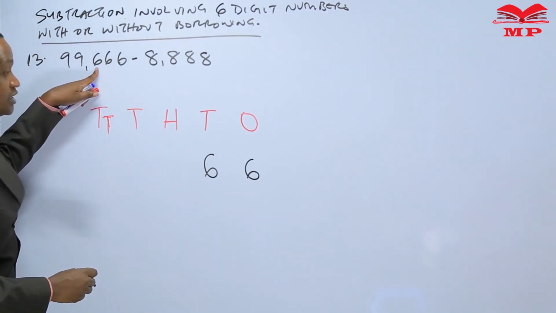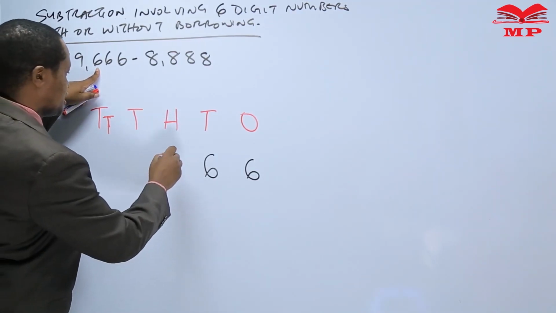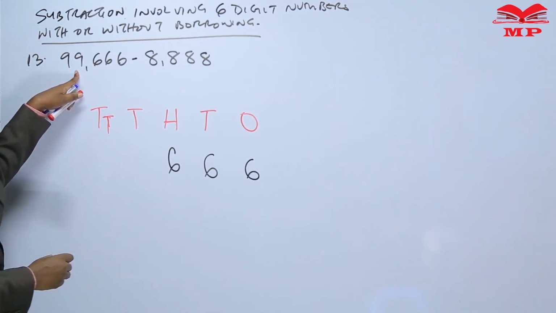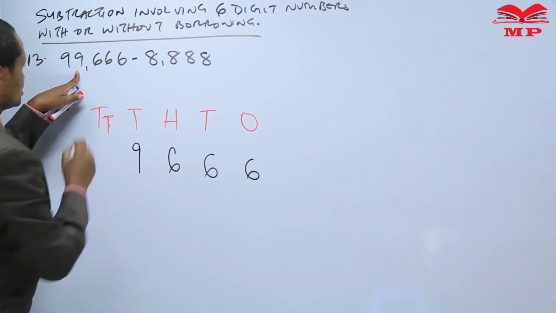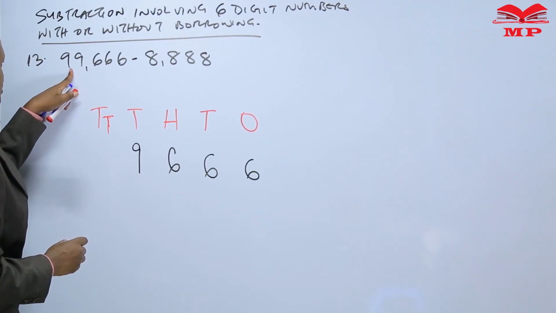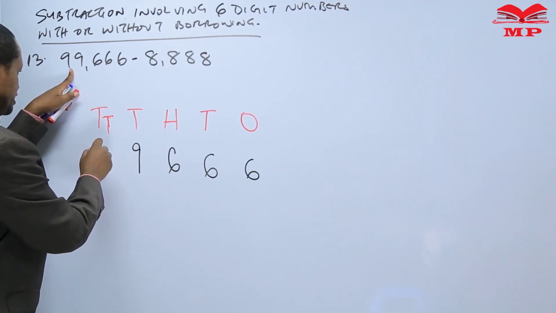Then this 6 is in the place value of hundreds, we write it under hundreds, followed by 9. This 9 is the place value of thousands. Then this 9 is the place value of 10,000, so we write it under 10,000.